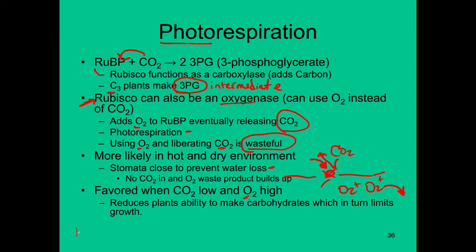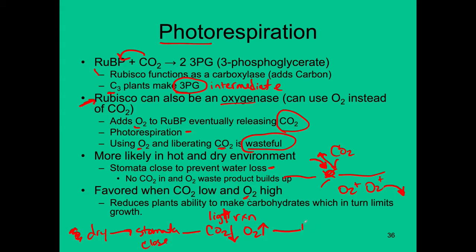So look at how this is connected, right? Let me start again here. It's dry, which makes stomata close. CO2 levels go down, O2 levels go up. This is due to the light reaction.